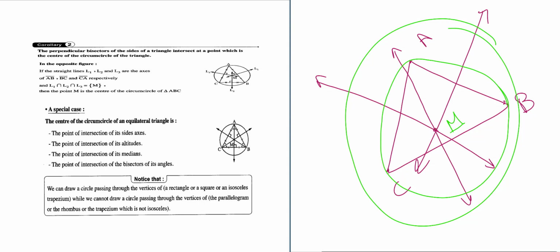Then, the perpendicular bisectors of the sides of a triangle intersect at a point, which is the center of the circumcircle of the triangle. It means when we want to draw a circle passing through the 3 vertices of a triangle, we must draw the axis of symmetry of these 3 sides.